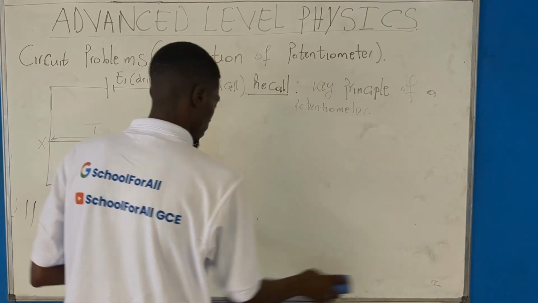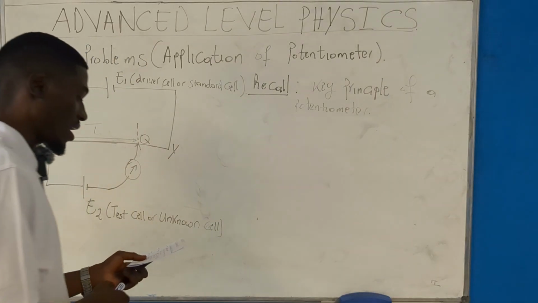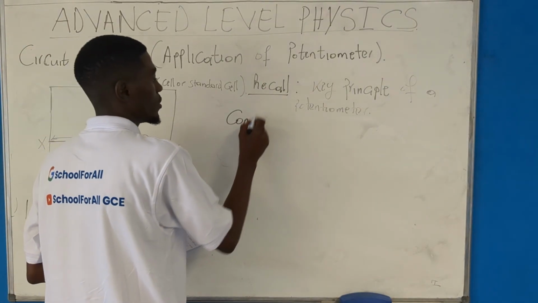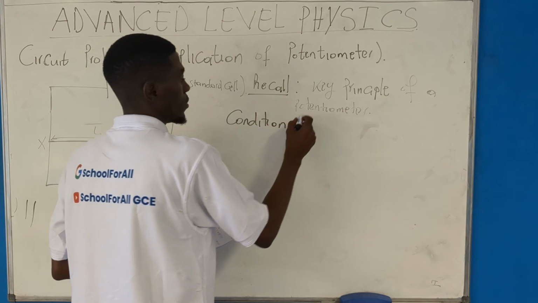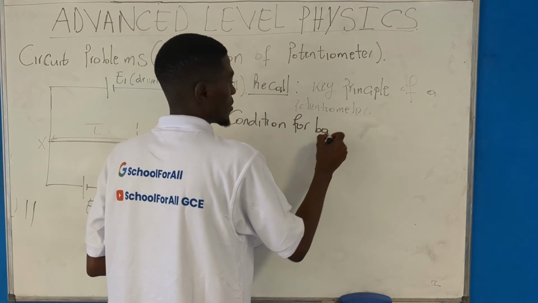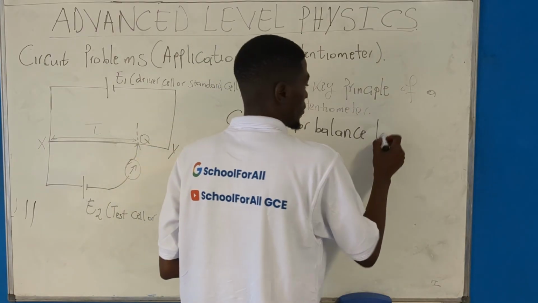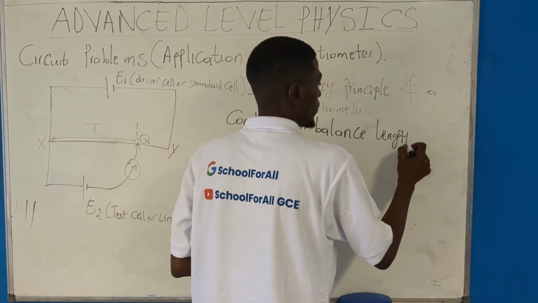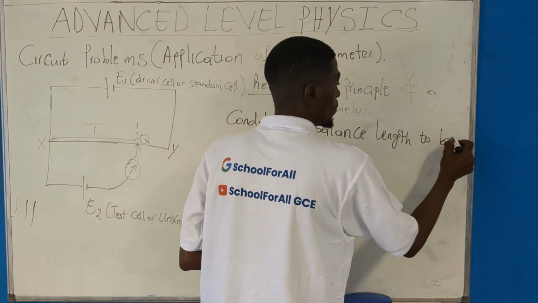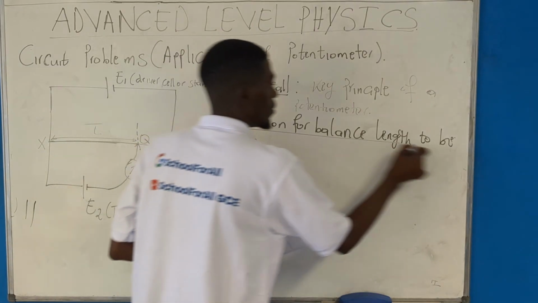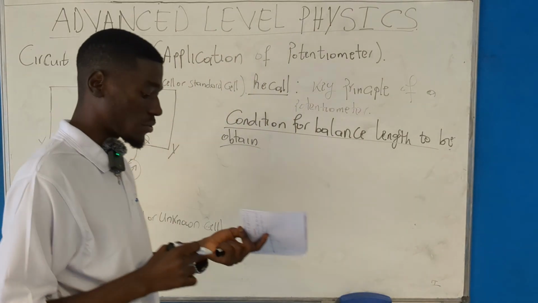So the next key principle here is the condition for balance length to be obtained. Now there are three conditions.